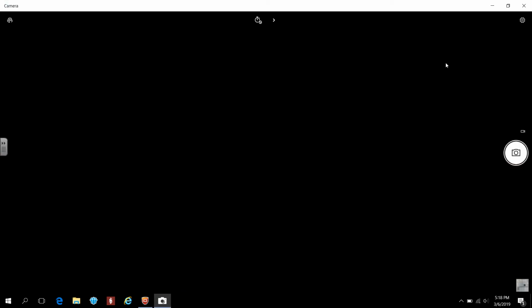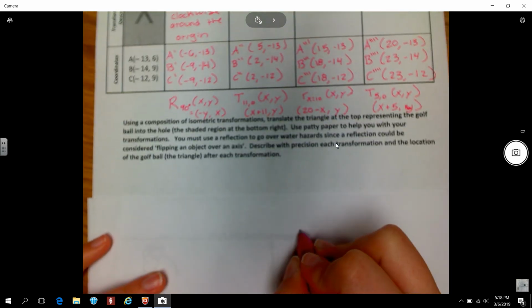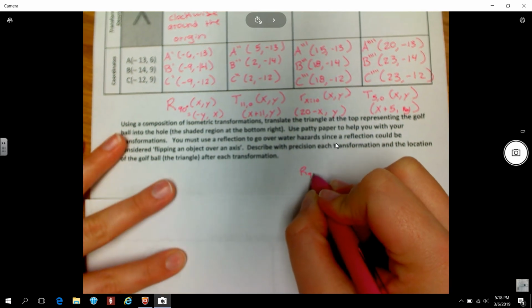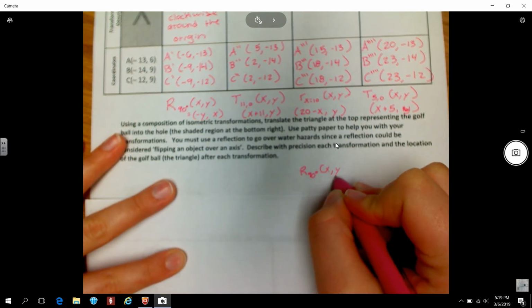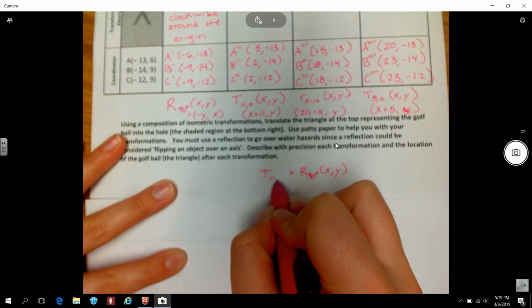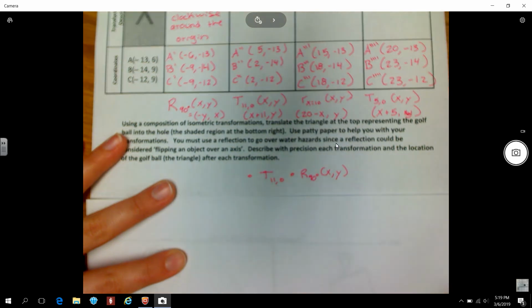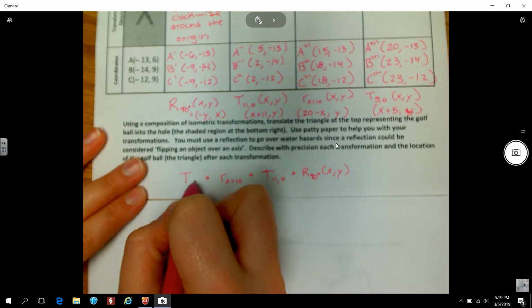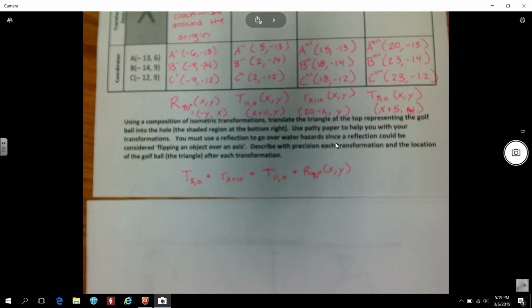So if you're working from the inside out, you would say, okay, the first thing that we did was rotate 90 degrees. Then we translated 11. Then we reflected over x equals 10. Then the last thing we did was translate 5. So that would be putting them all together.